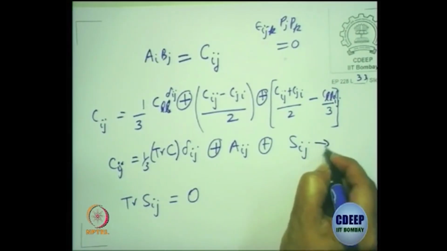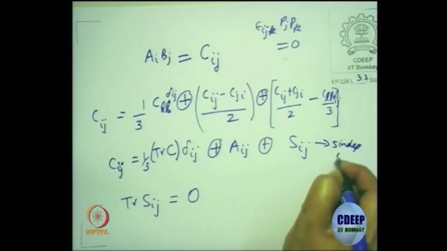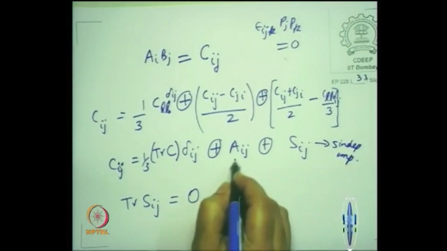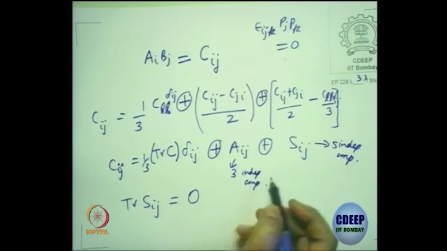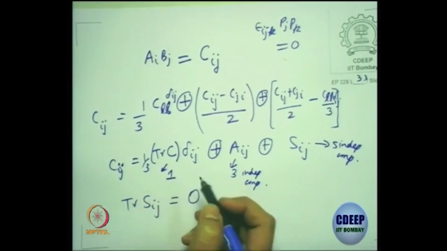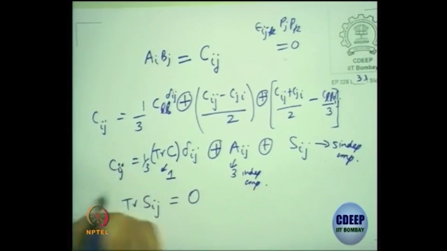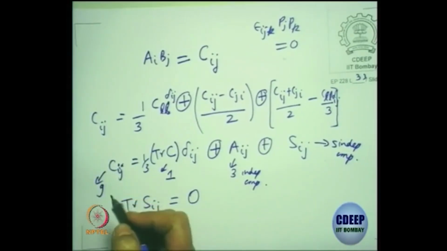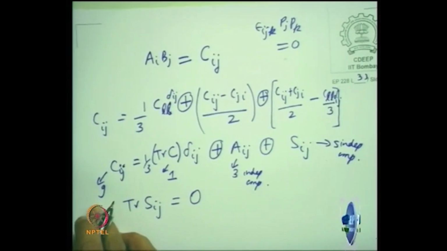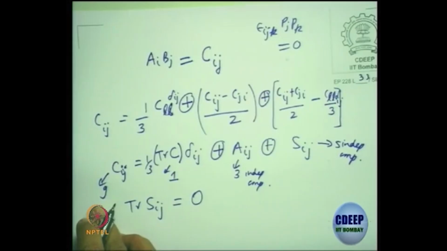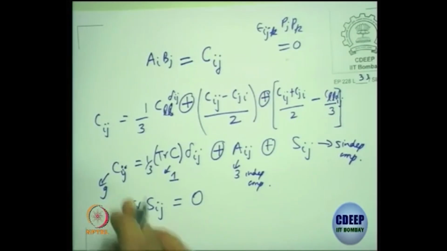This has 5 independent components and this has 3 independent components. Agreed? And this is just 1. So this has 9 components, and the 9 has come out of 3 into 3. One vector has 3 components, another vector has 3 components, and these 9 components can be resolved.